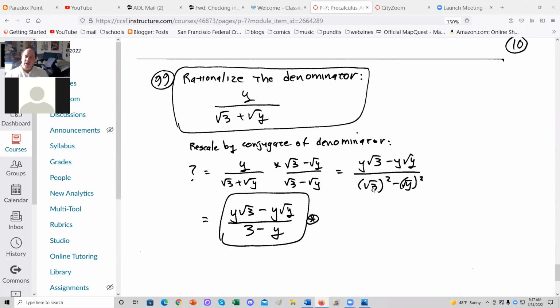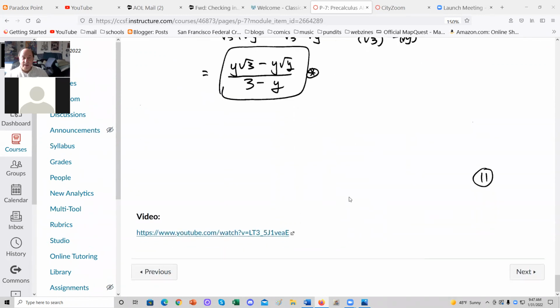In the denominator, we have root 3 squared minus root y squared, because we had a sum times a difference. Root 3 squared is 3, root y squared is y. So we get (y root 3 minus y root y) over (3 minus y), and that rationalizes the denominator of this. Well, okay. Done for now.